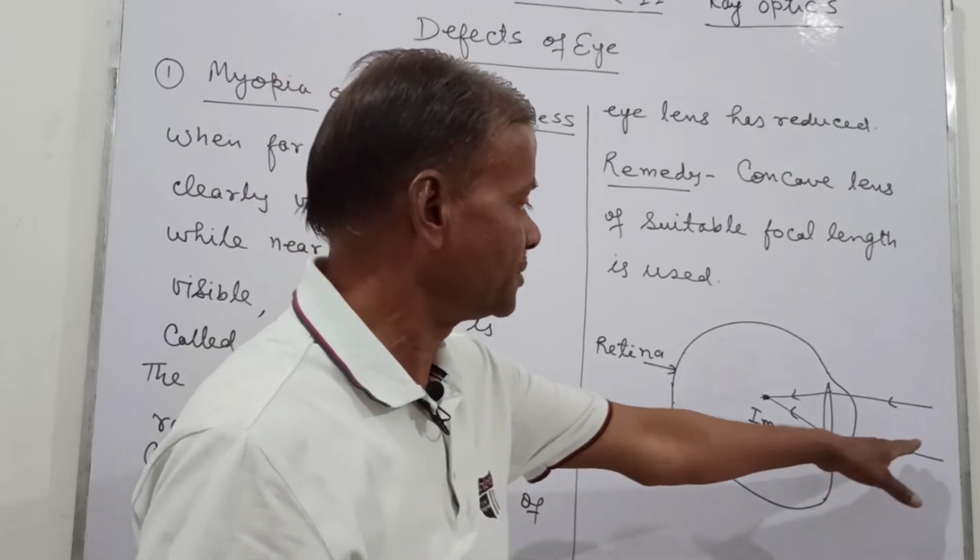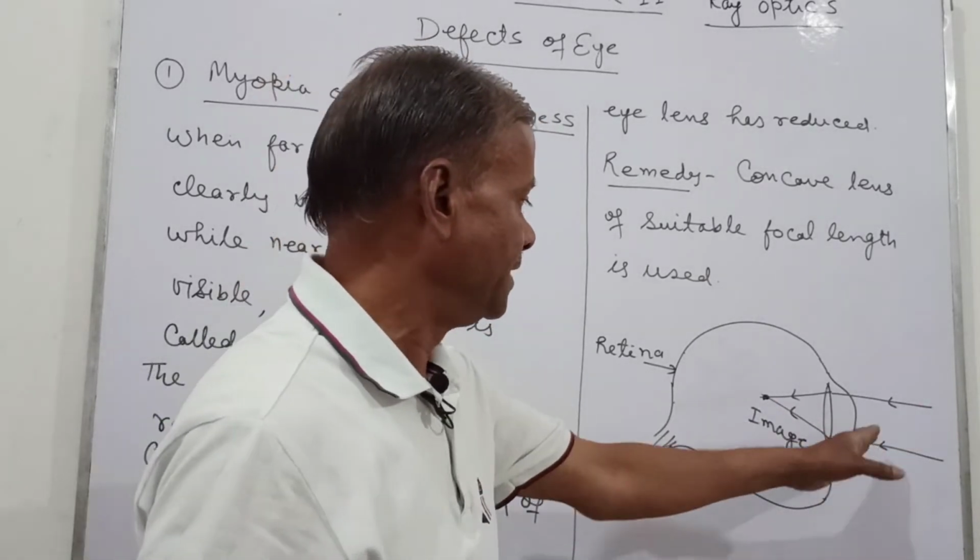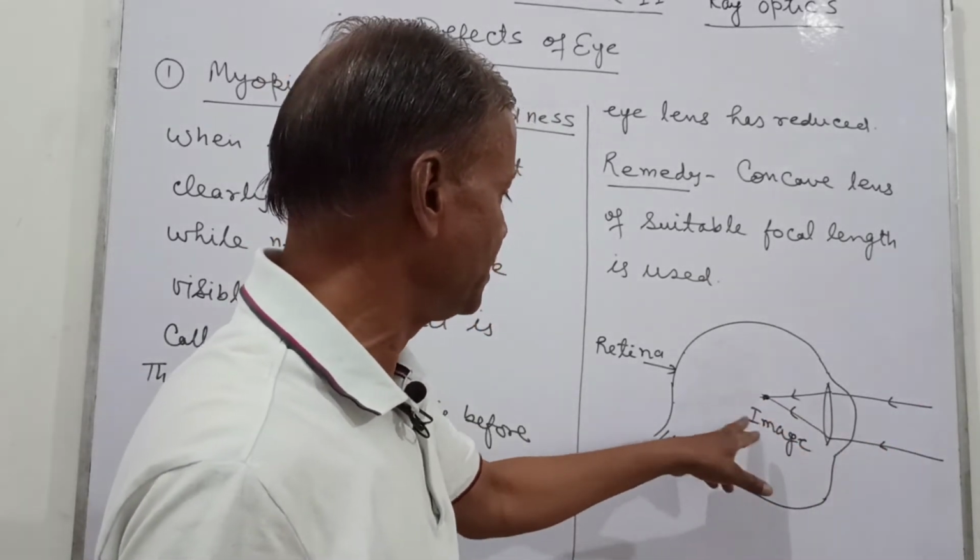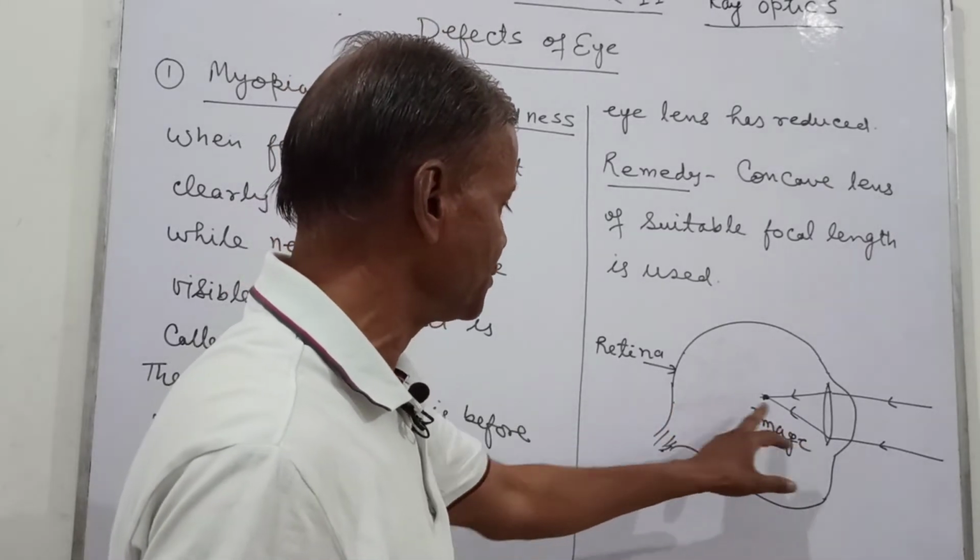The light coming from the far objects is parallel and is focused at this point, which is between the retina and the lens.